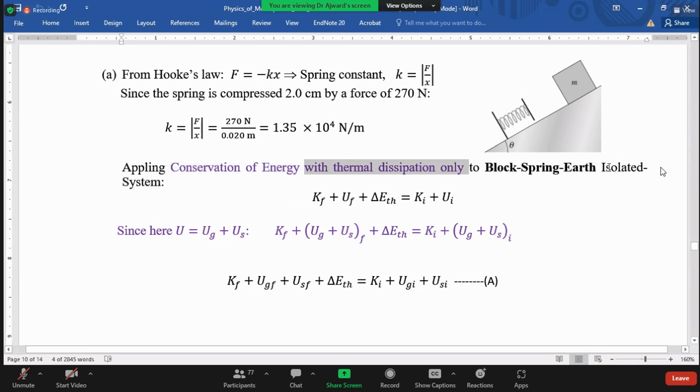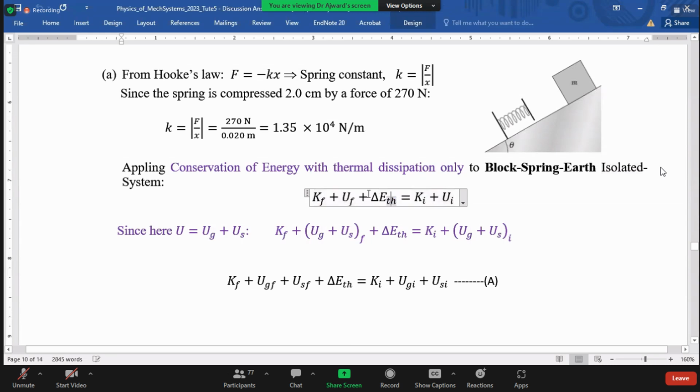So the important thing to apply conservation of energy in this example is that the system has to be isolated, that is, separated from other things, right? So if you take the spring, block, and the earth, then that would be isolated, and you can apply the conservation of energy.